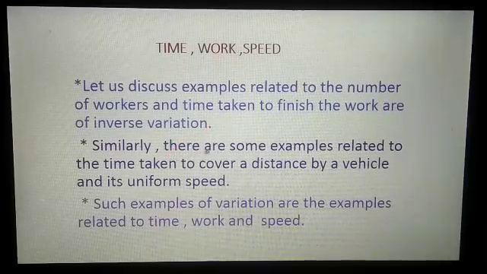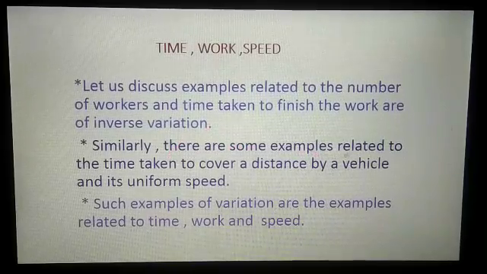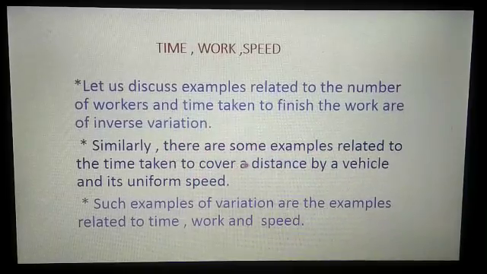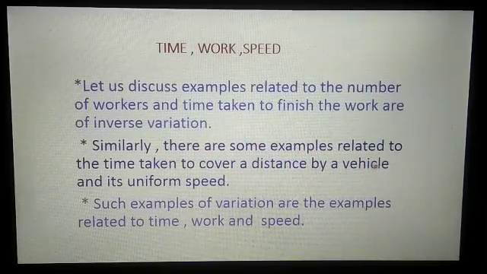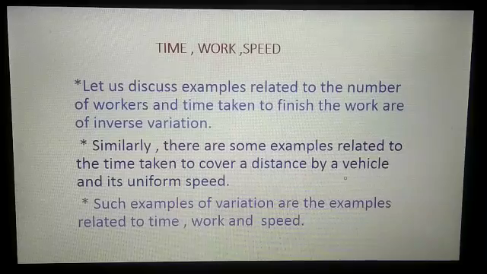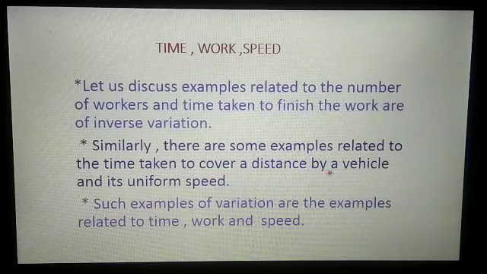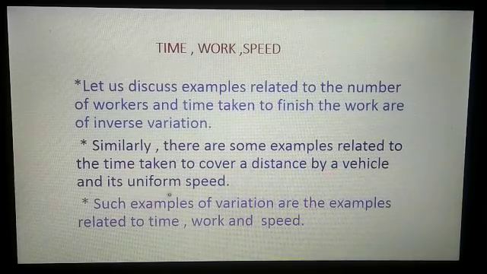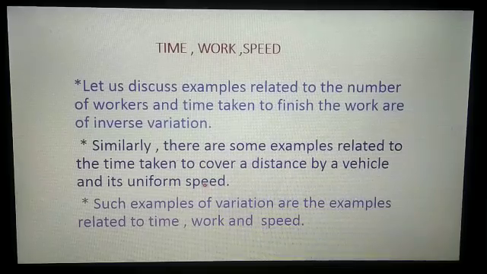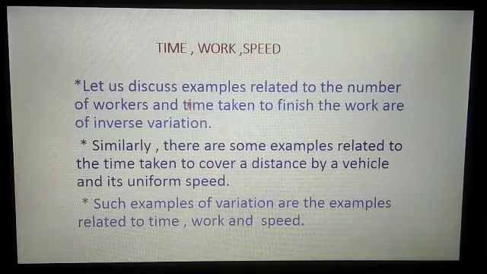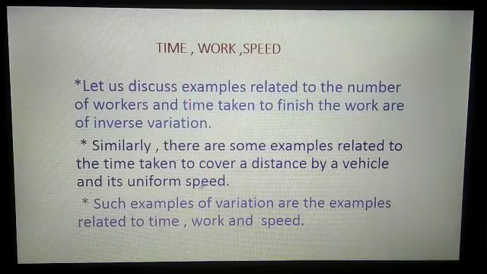Let us see. Similarly, there are some examples which are related to the time taken to cover a distance by a vehicle. Distance covered by a vehicle is also a work, and time is included in that. And so distance by a vehicle and its uniform speed, which means speed is also given. So such examples cover these three terms: time, work and speed.